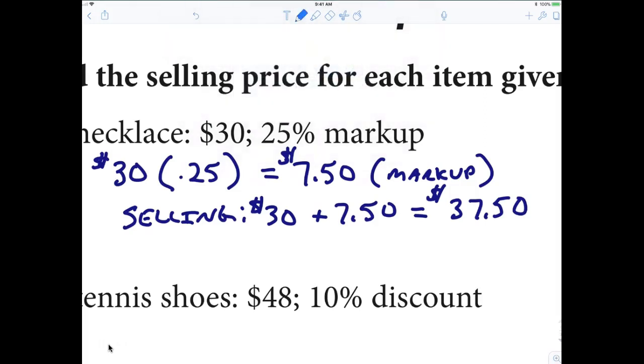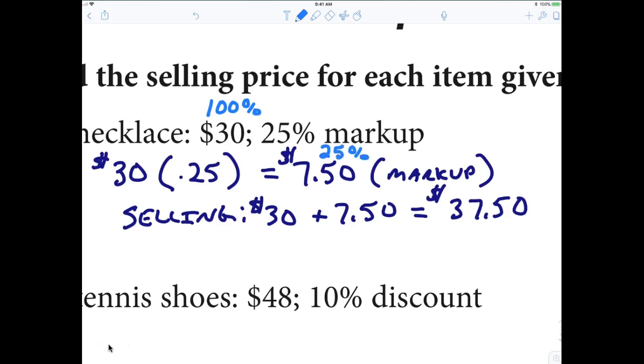Now, what I want everybody to do is above the $30, write that the $30 represents 100% of the price. Now, above the $7.50, that represents what percent?